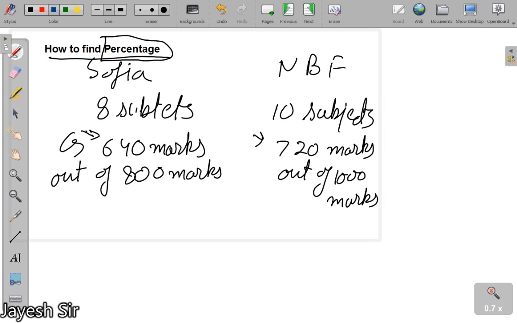Suppose in a market you went and asked the shopkeeper how much the apples cost, and the shopkeeper very intelligently states that half kg of apple will cost you only 50 rupees.